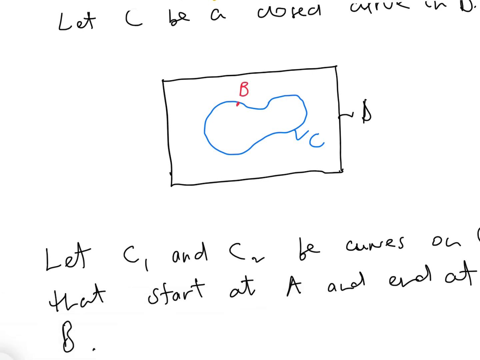Suppose that this is B here, and this over here is A. Okay, and we've got two curves. Let this be C1 again.